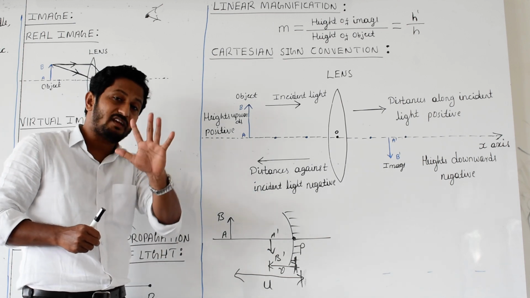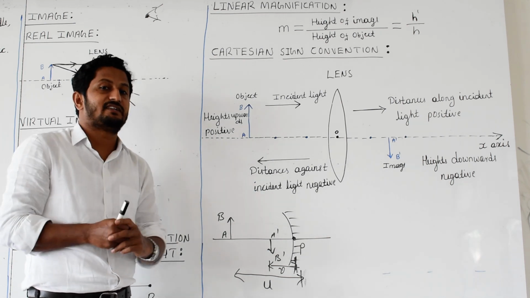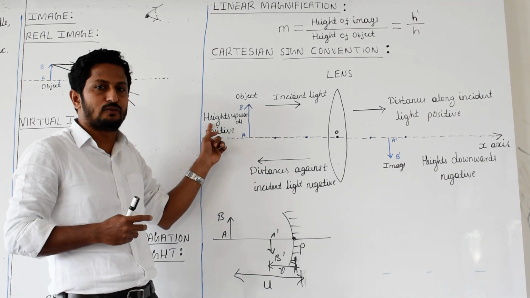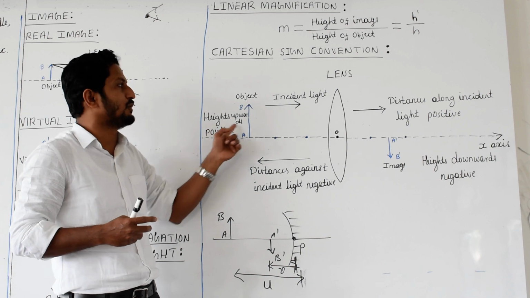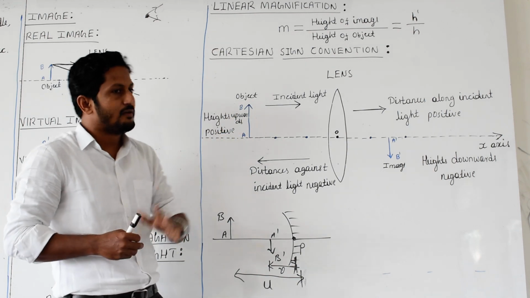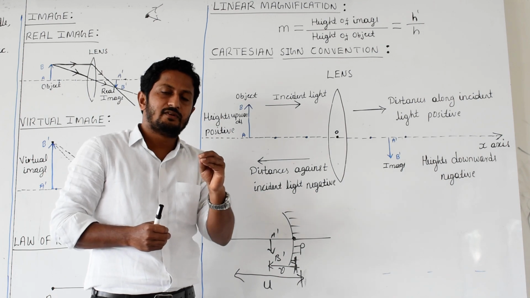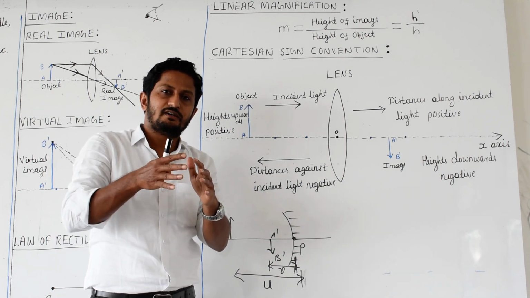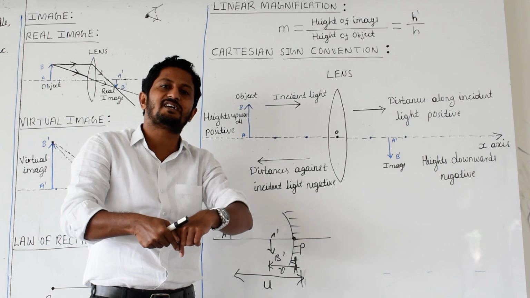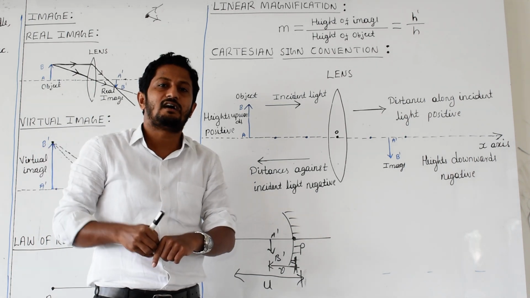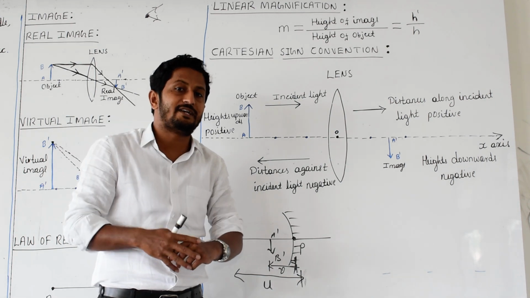Next, the fifth sign convention. See, here I have written about the fourth one: heights upwards are positive, like this. Fifth sign convention: the heights which we measure in the vertical downward direction with respect to the principal axis are taken as negative.